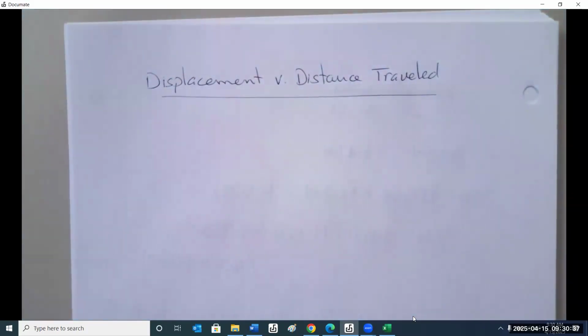Displacement versus distance traveled. What is displacement? For example, if you have a tub of water and you put a bowling ball in there, the water gets displaced according to the volume of that ball.